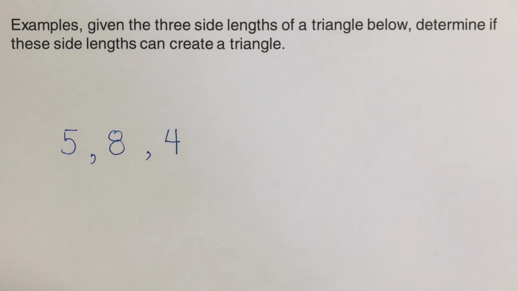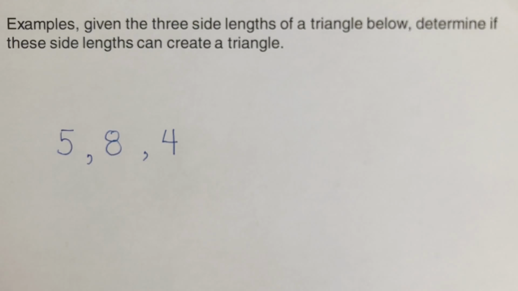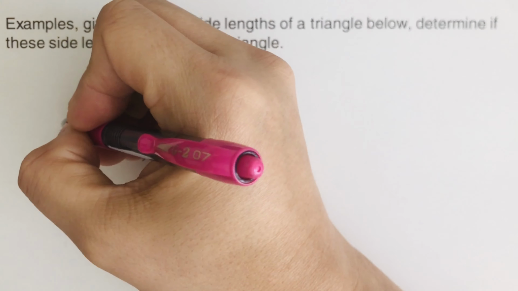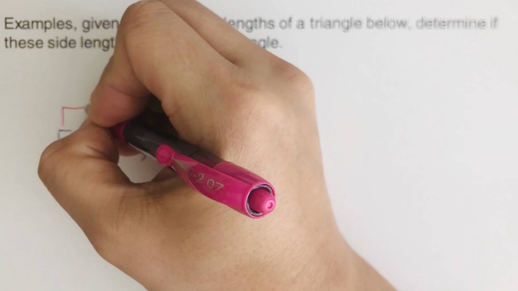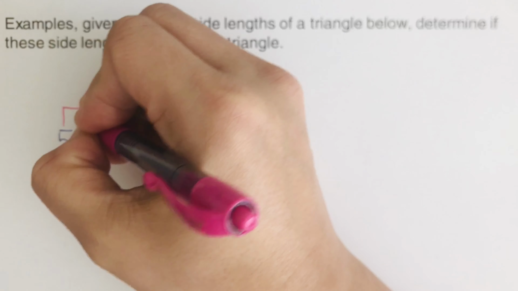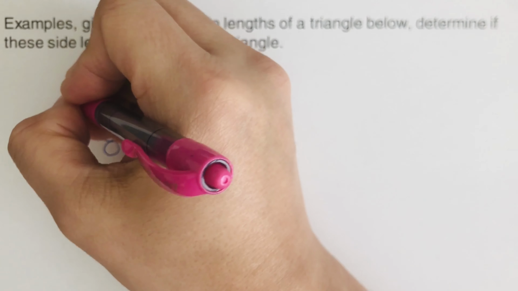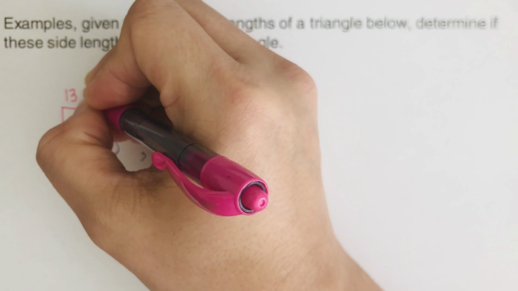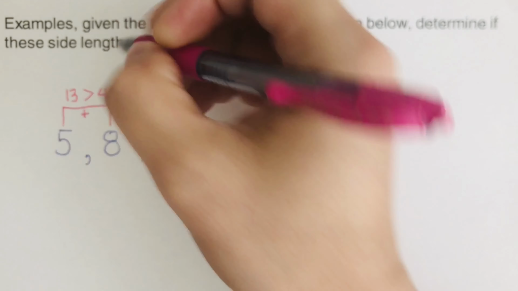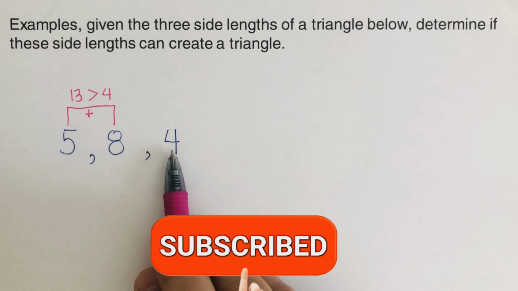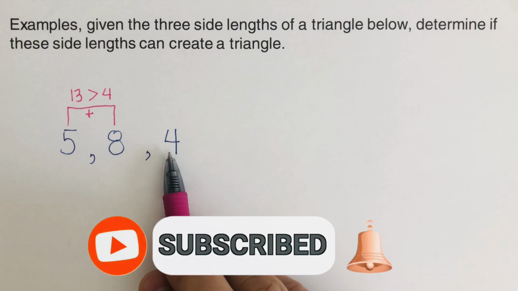First, we add two sides and compare the sum. It should be greater than the third one. So I'm going to add 5 and 8. 5 plus 8 is 13. Is 13 greater than 4, the one that we did not add? Yes, it's greater. So we're good.